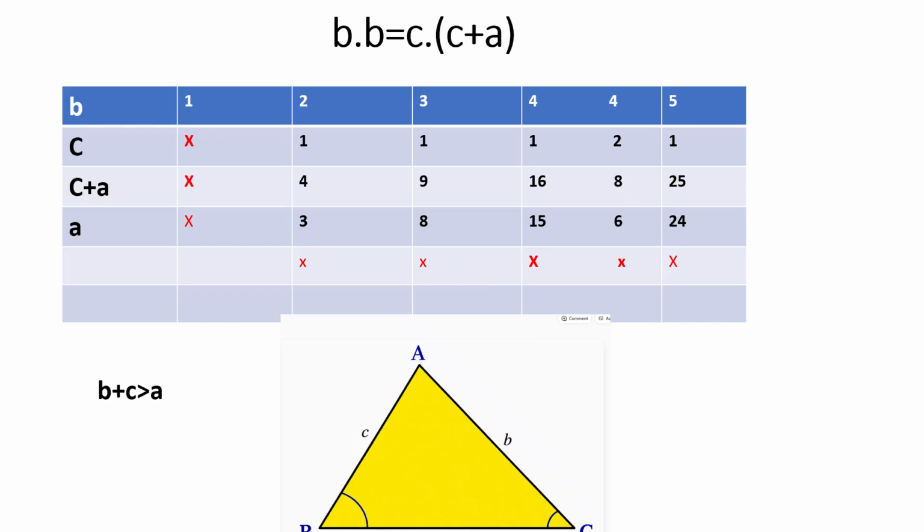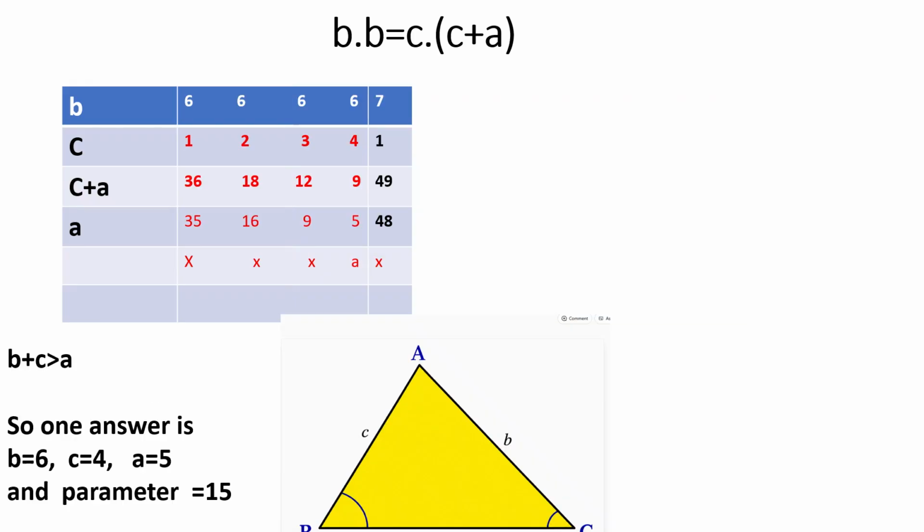Another thing which we can have is c equal to 2, then c times c plus a is equal to 8, and a becomes 6 because c plus a becomes 8, 8 minus 2 is 6. And again in here 6 plus 2 has to be greater than 8, and it is impossible. The next case is 5, and for the same reason 5 is declined also. So let's select 6.